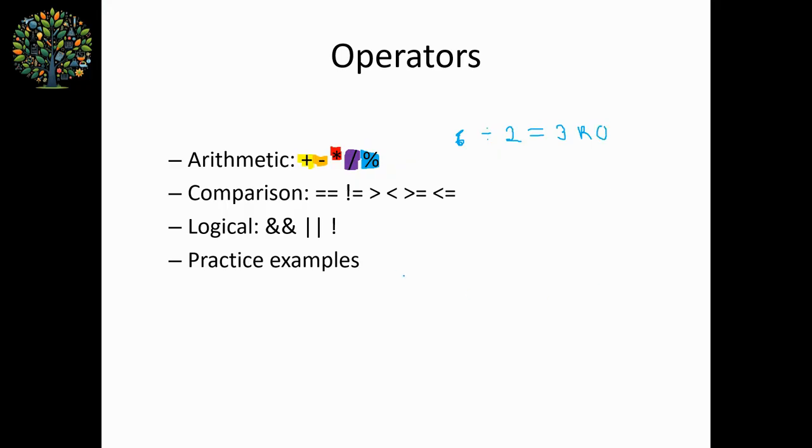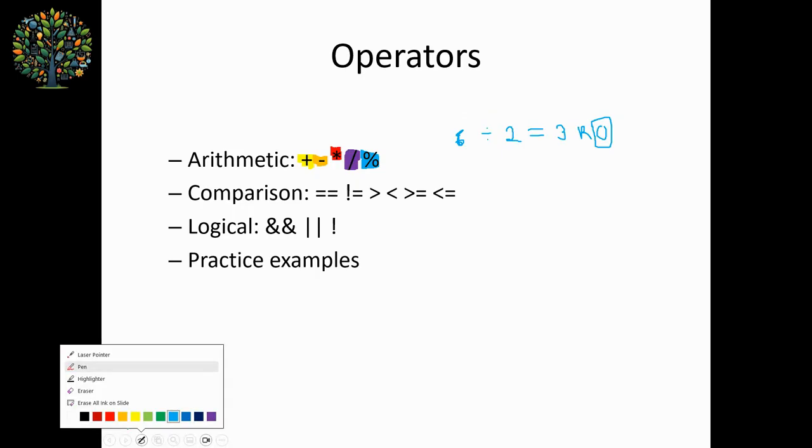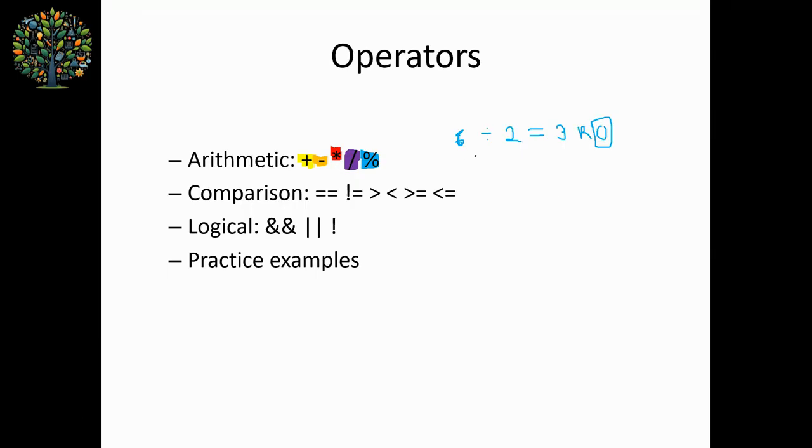So my mod sign would have returned a 0. Now, let's say we had 9 divided by 2. You might say that is 4.5, but mod is only going to divide out the part that can be divided out.